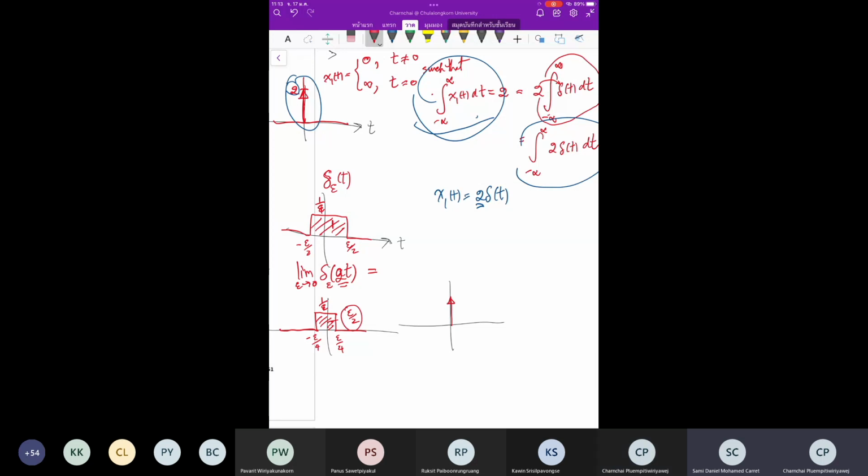It will be half of the original, half of the area here. That's why this one will be 1/2 of delta t.